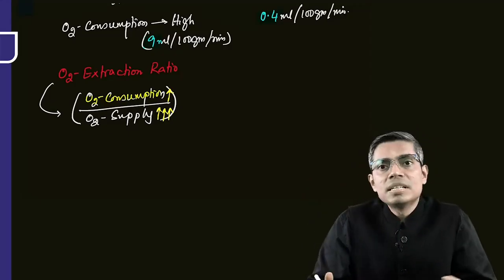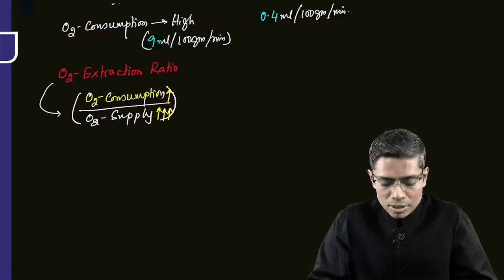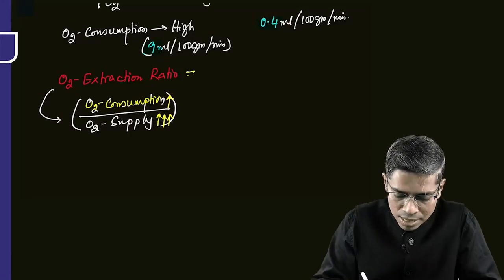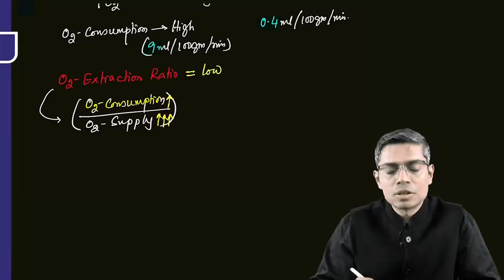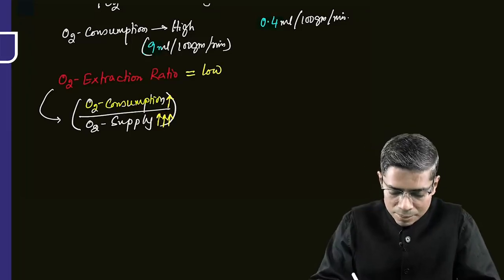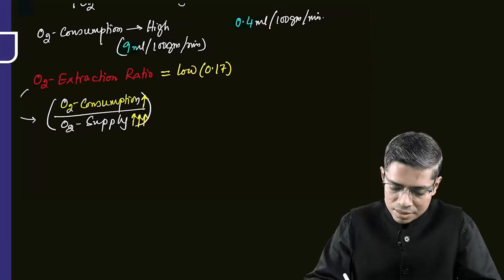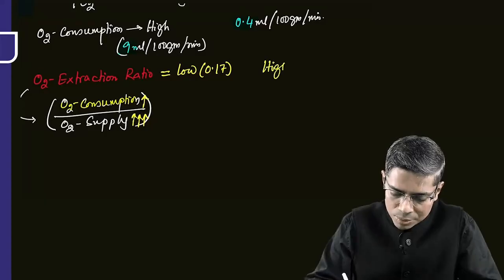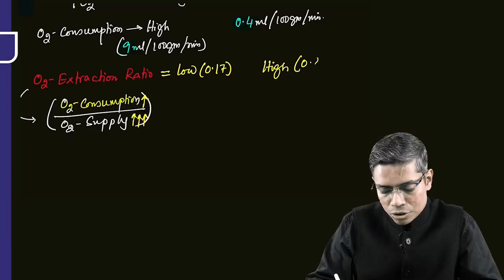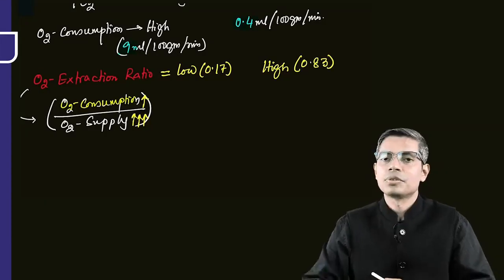So in a ratio, if the denominator is higher than the numerator, obviously the ratio is going to be reduced, and that's why the ratio is low in case of cortical nephron, and this is only 0.17. This ratio is high in case of juxtamedullary nephron. The ratio is 0.83. So getting my point?